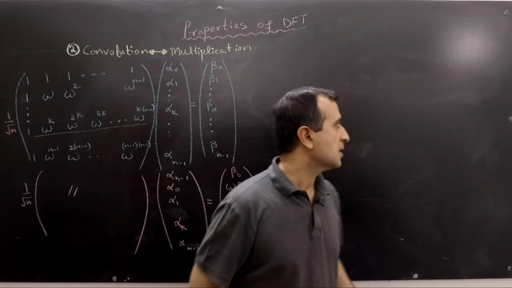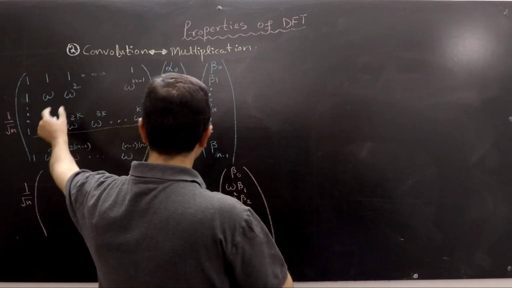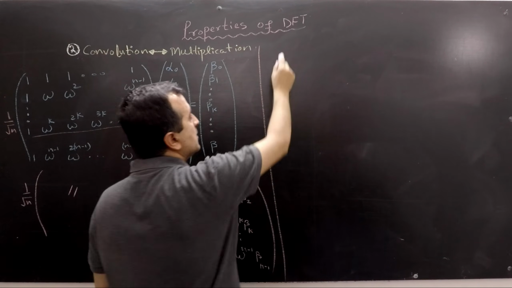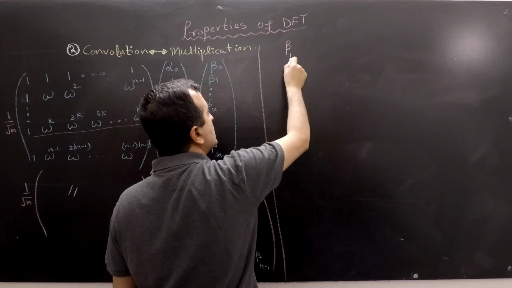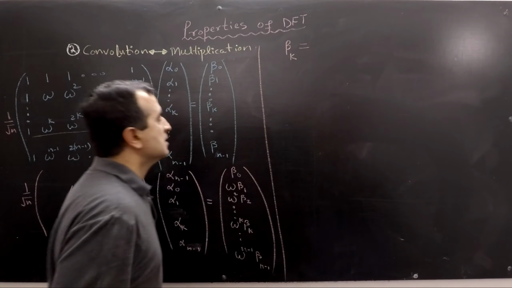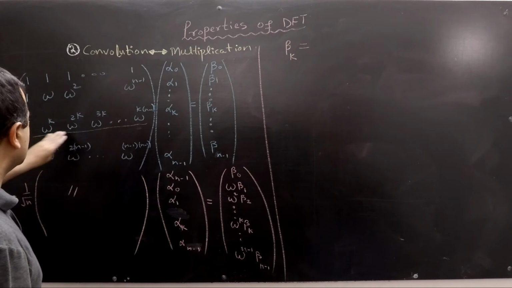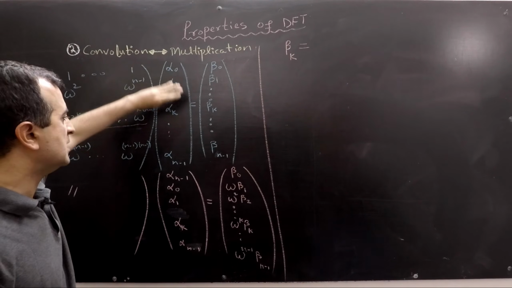Before linear shift, this is before linear shift, this is after linear shift. So before linear shift, my kth output, which is beta k, is multiplication of this kth row of the matrix with the input vector.